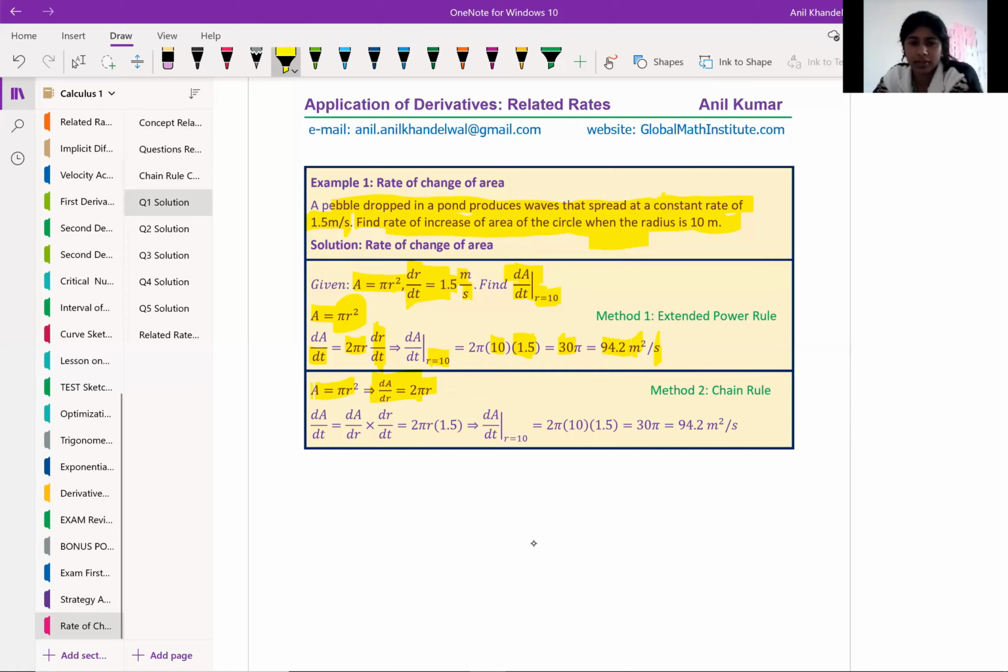A is pi r squared, so if I differentiate with respect to r, not time, dA/dr is 2 pi r, correct? So what do you want? You want dA/dt. So chain rule: dA/dt is dA/dr times dr/dt. We just found that dA/dr is 2 pi r, and dr/dt is 1.5. Got it? We got the same answer.